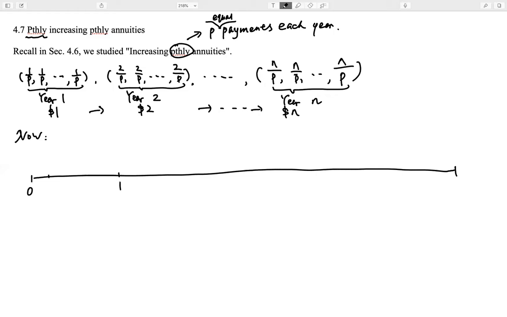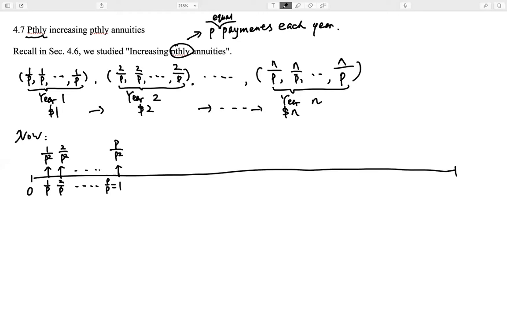I believe the second method I'm about to introduce is actually easier to understand. So here the size of the payment is awkward. It's actually 1 over P squared. Here is 2 over P squared. So here it's going to be P over P squared.